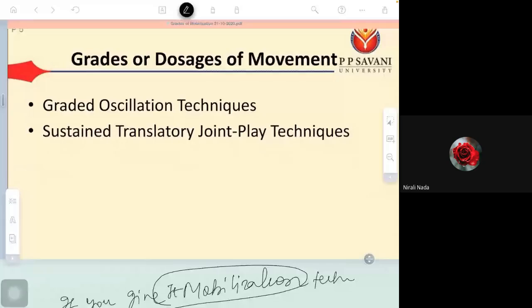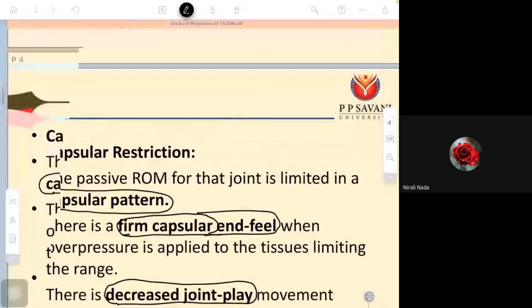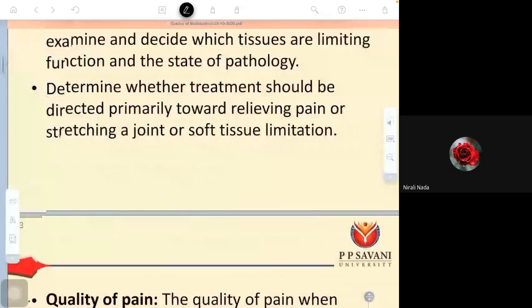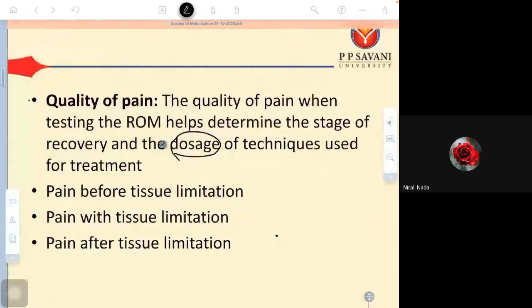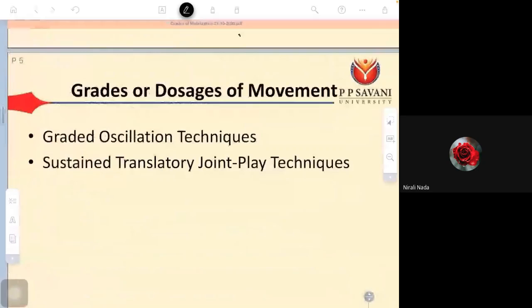And third is grades or dosages of movement. I have already told you, what is the purpose of evaluating the joint? The purpose of evaluation is to select the appropriate dosage, or select the appropriate grades.